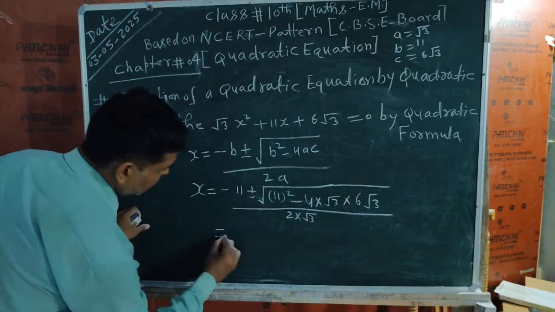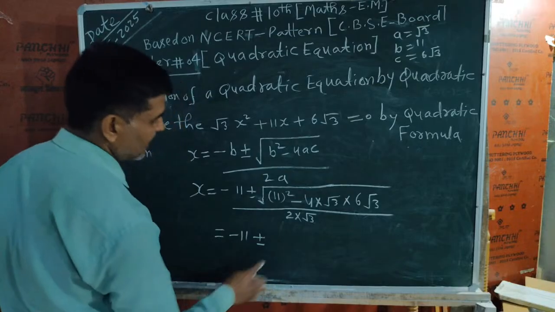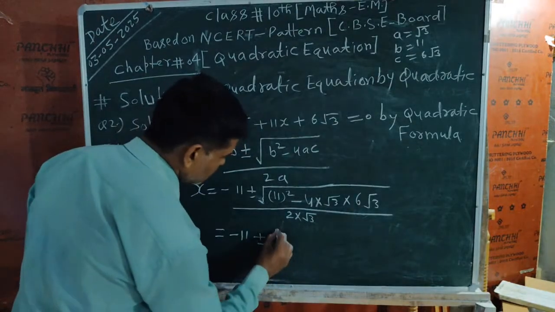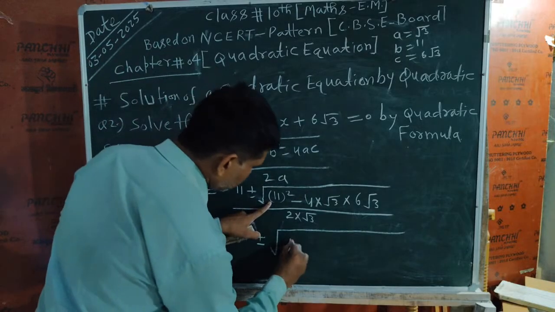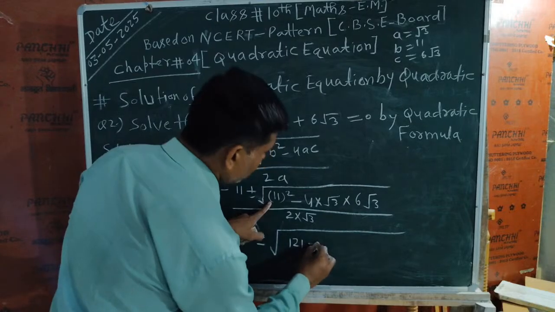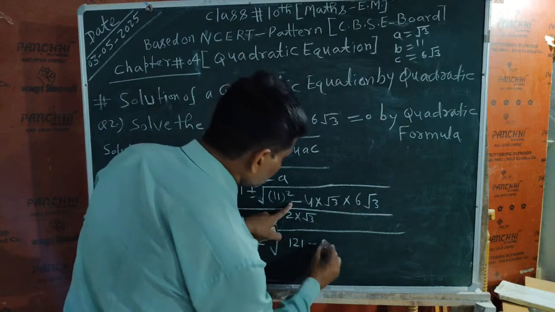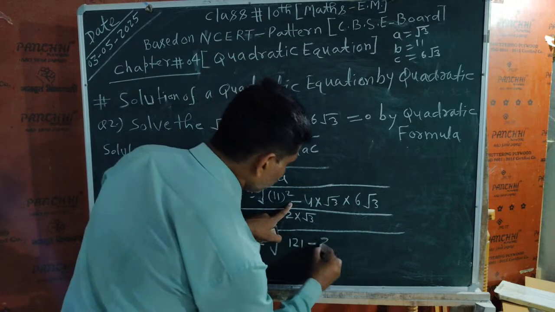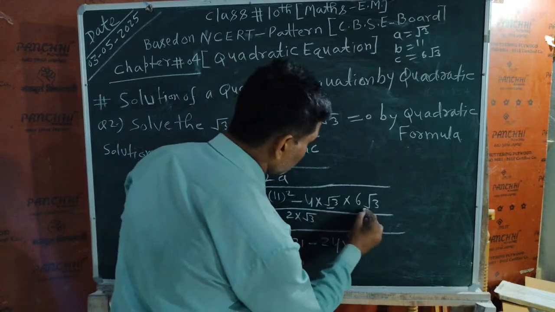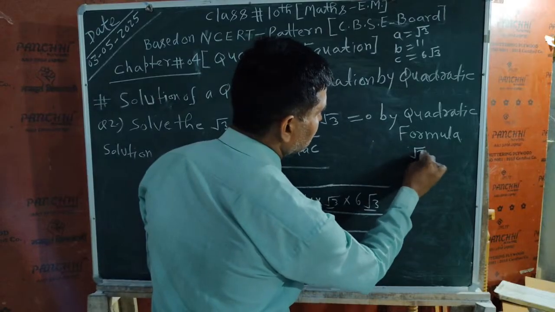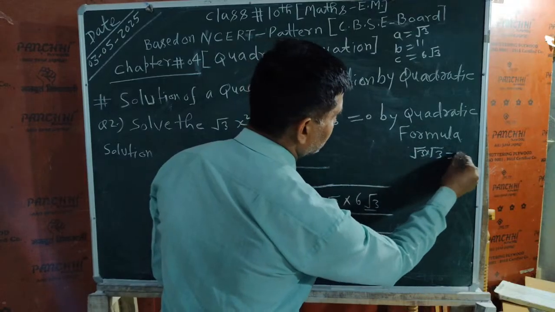Now again I will write minus 11, here plus and minus sign is available, the same sign I will put, and then under the square root I will write: 11 into 11 is 121, minus 4 into 6 is 24, and root 3 into root 3 will be 3.